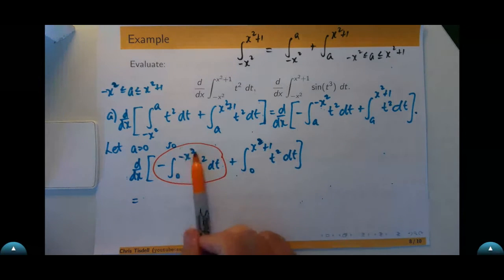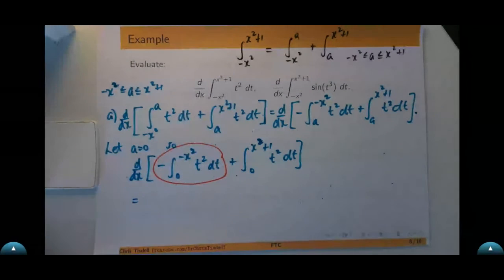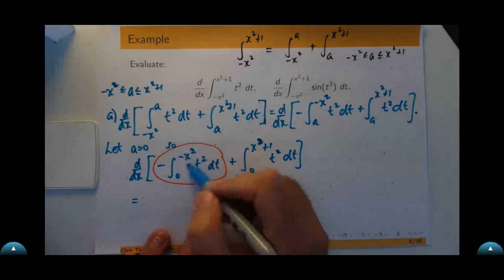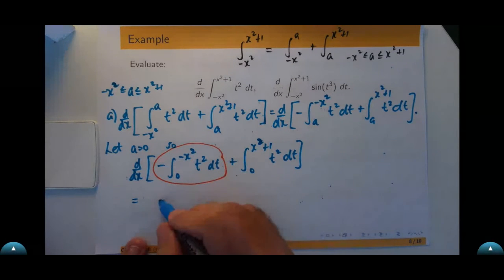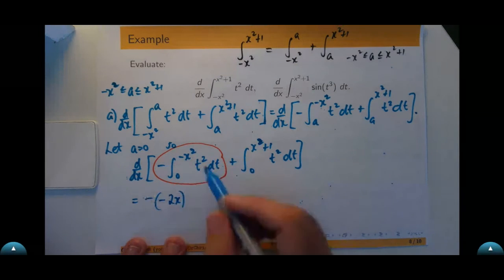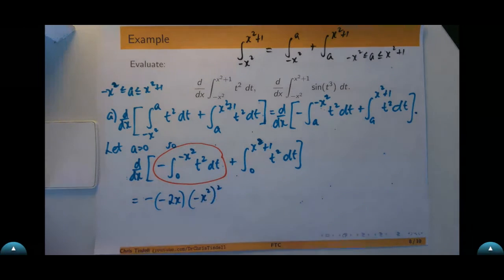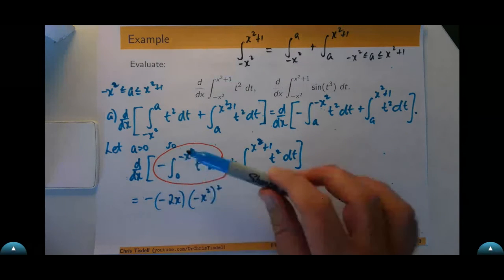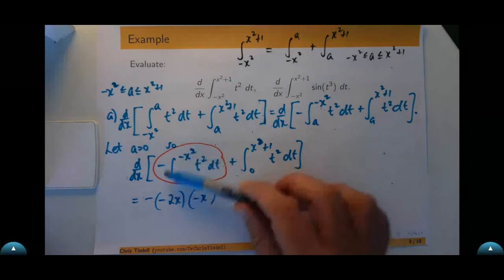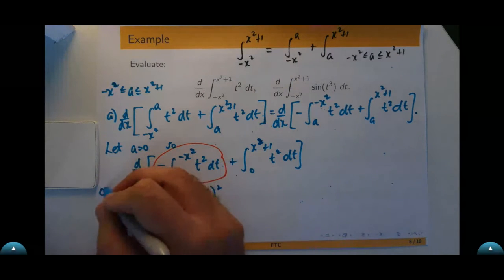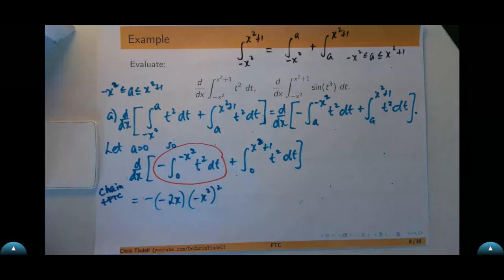Okay, so you take the derivative of what's up here, bring it to the front, and replace t with negative x squared. Okay, so what's the derivative of this? Well, it'll be negative 2x. So that's the derivative here. And then you replace t with negative x squared. Okay, so what I've done there, in one step, I've used the chain rule and the first fundamental theorem of calculus.